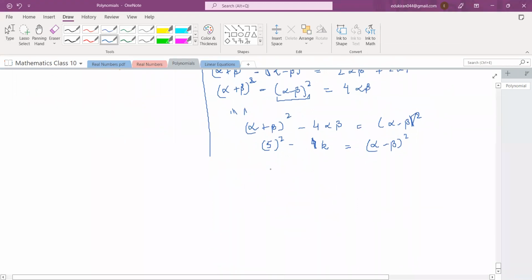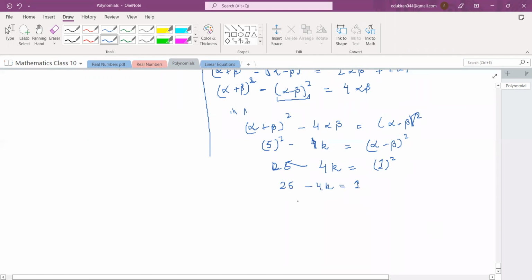So 25 minus 4k, and alpha minus beta is already given. How much? 1. 1 whole square. Yes? Yes, ma'am. So 25 minus 4k is equal to 1.